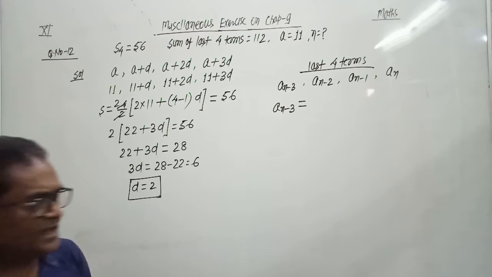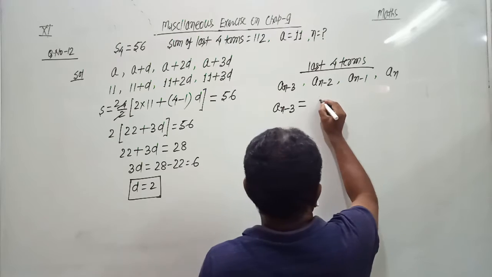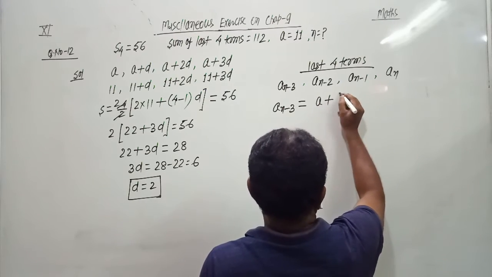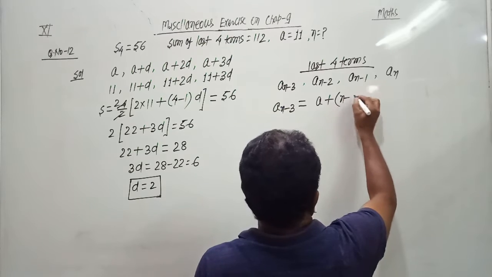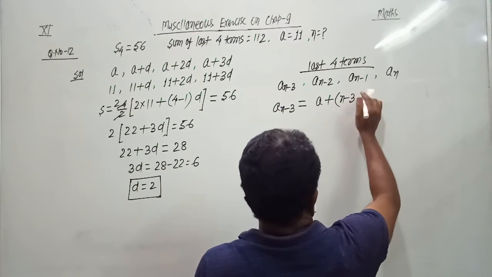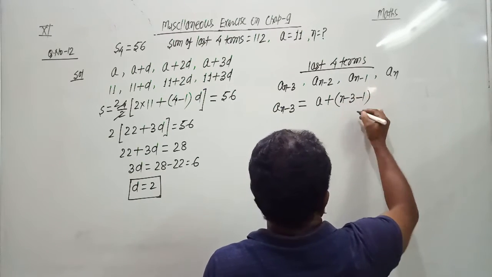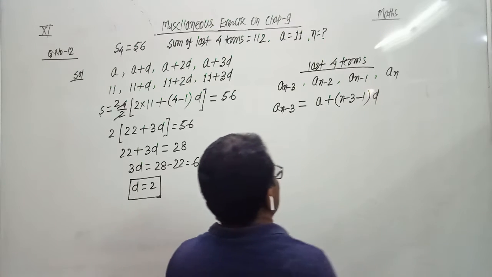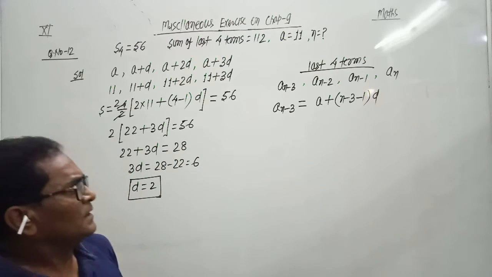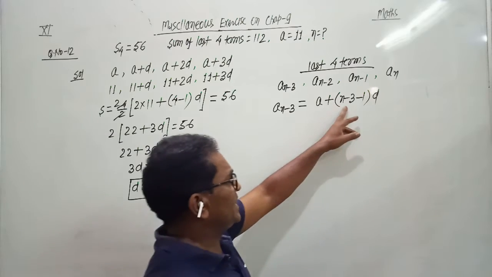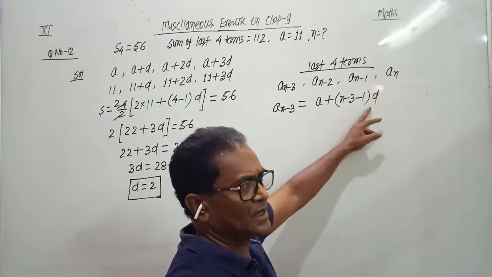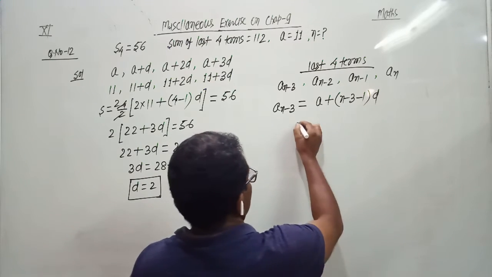The value of a stays as it is, plus n minus 1 into d. For a n minus 3, the value of n becomes n minus 3, so a plus n minus 3 minus 1 into d.